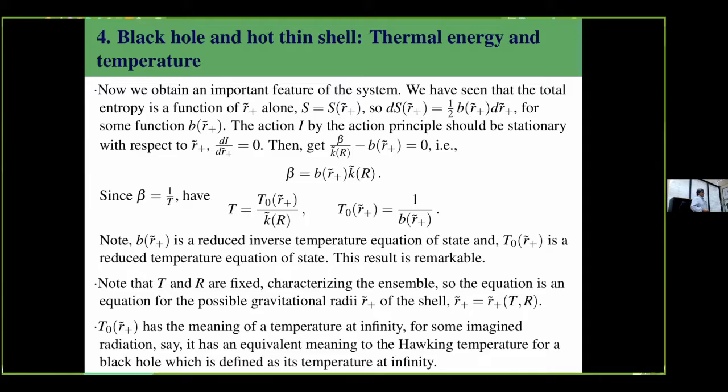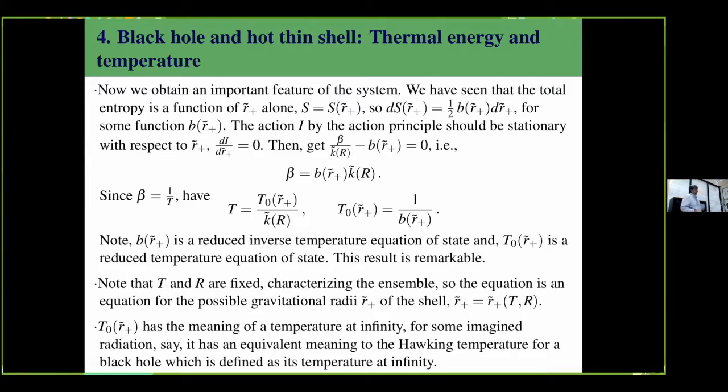Consequences. T is fixed, R is fixed. So what happens? This means that not all R plus tilde are solutions of the problem. You give an equation of state, and only those that fit into T and R solve the problem.